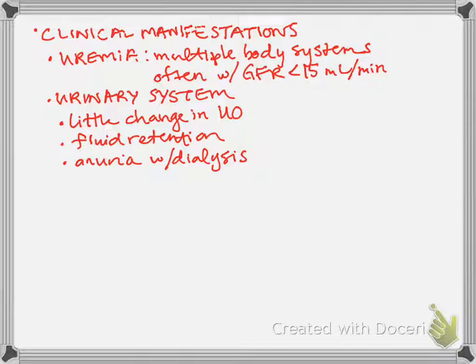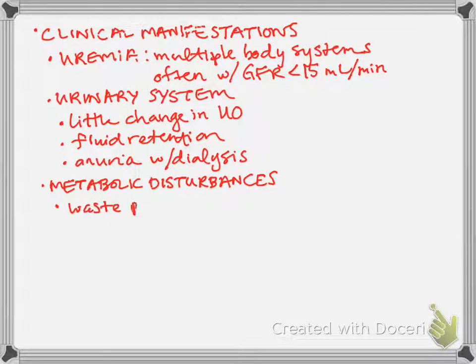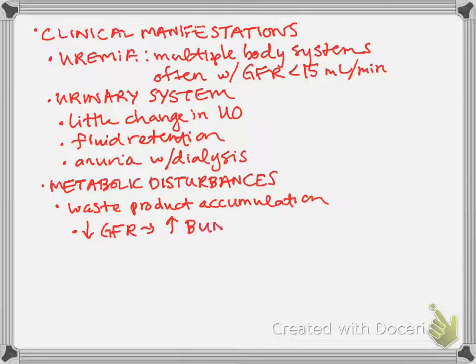Metabolic disturbances related to chronic kidney disease. We have waste product accumulation. With a decrease in GFR, there is an increase in BUN and creatinine.